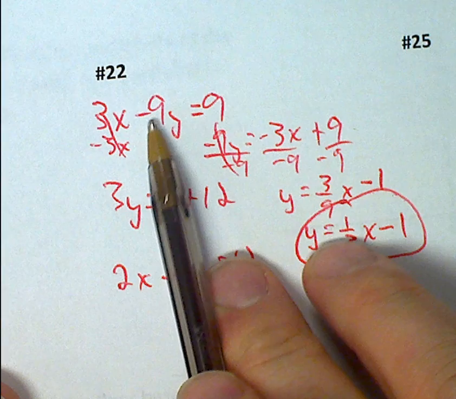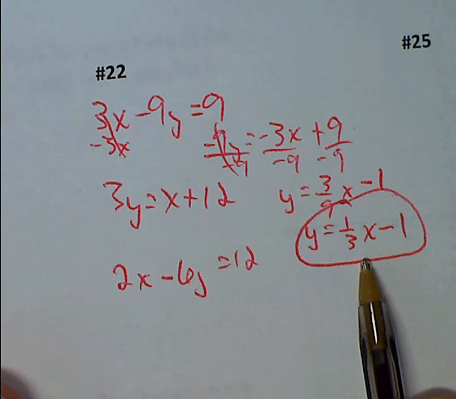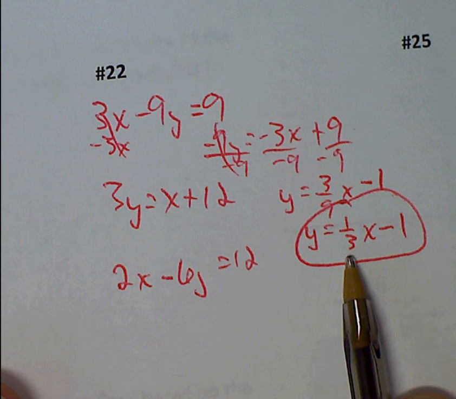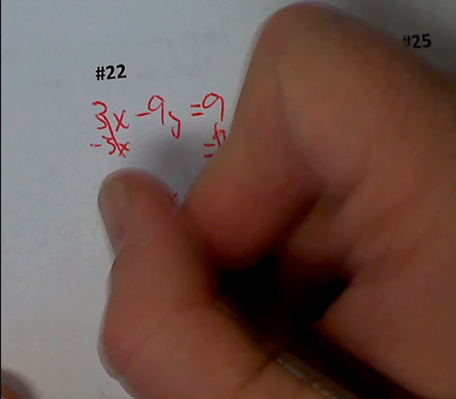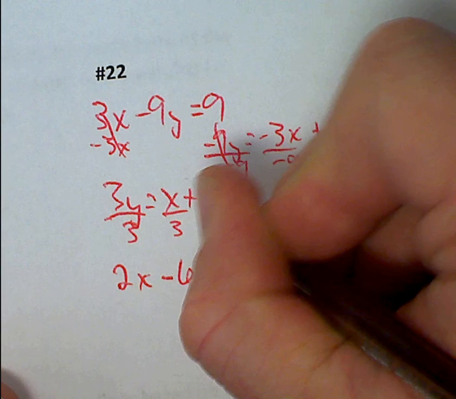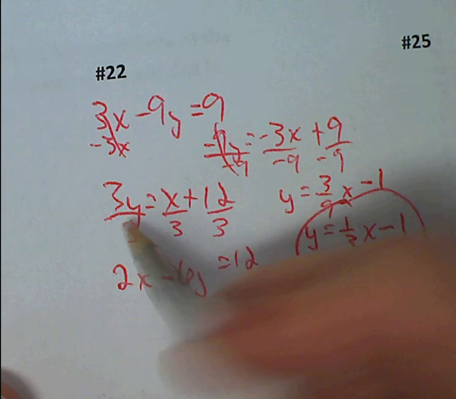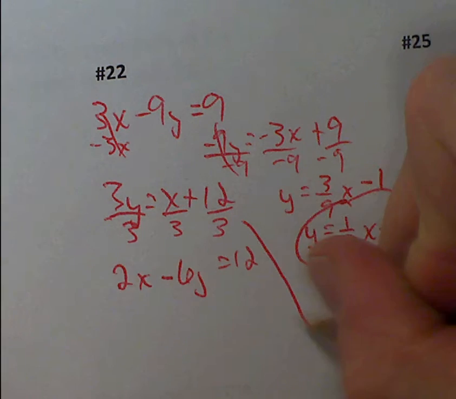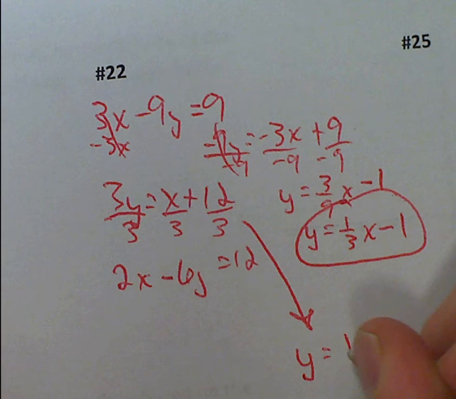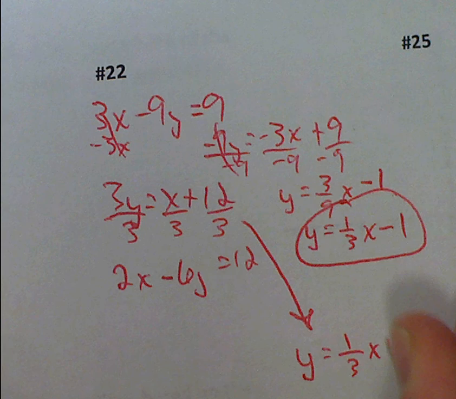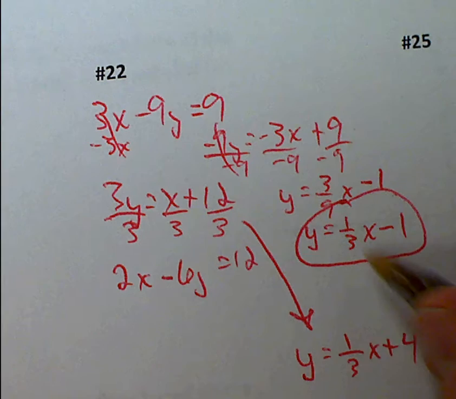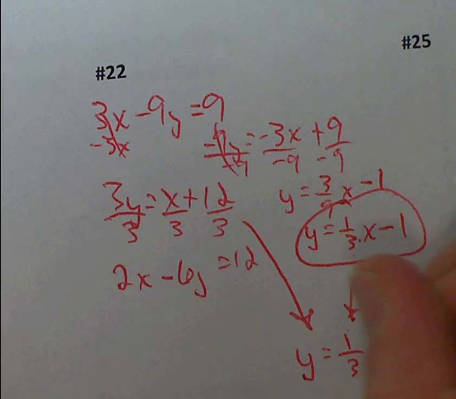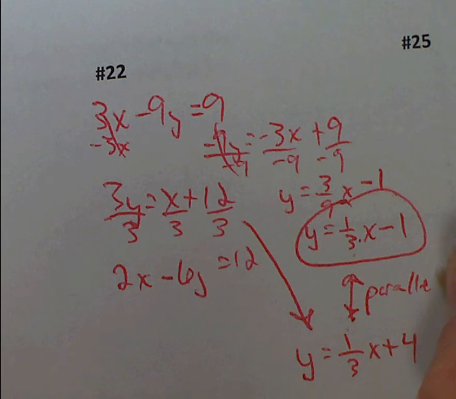So my slope is 1/3. To get 3y equals x plus 12 into y equals mx plus b, I need to divide by 3. So this turns into y equals 1/3 x plus 4. Right now, these two are parallel because they have the same slope.